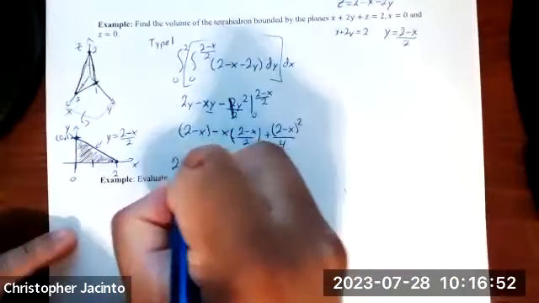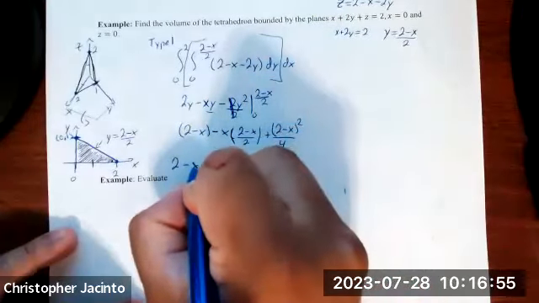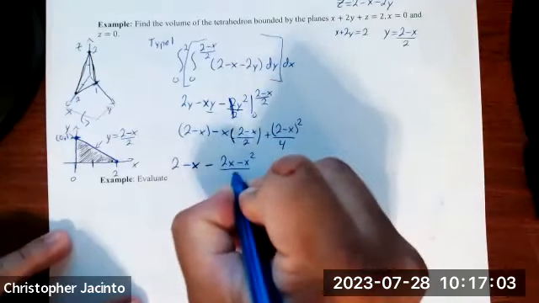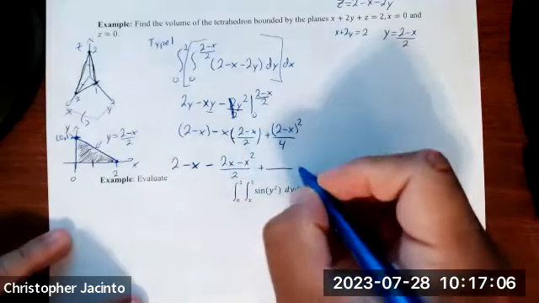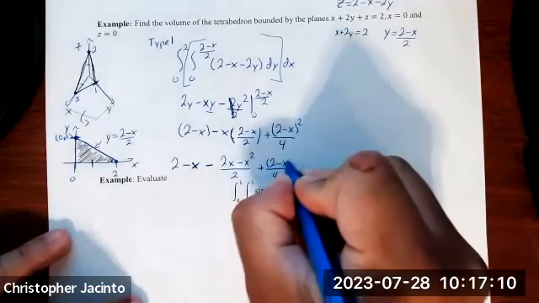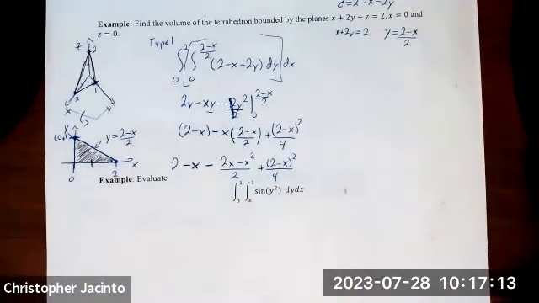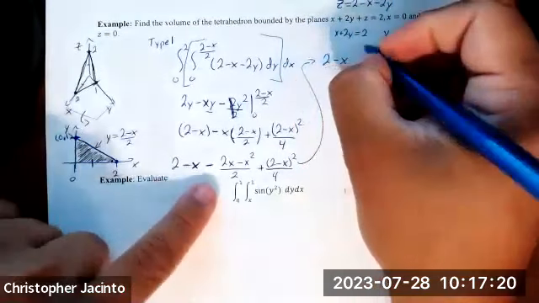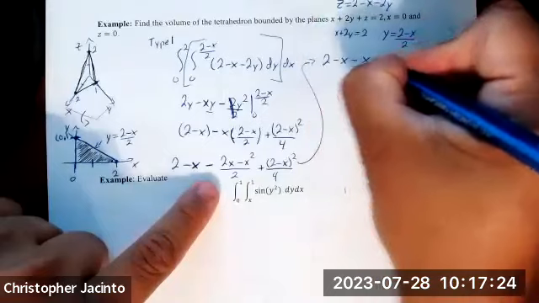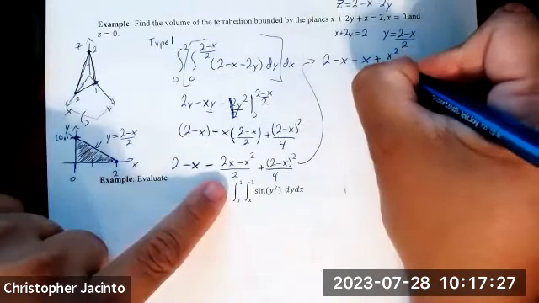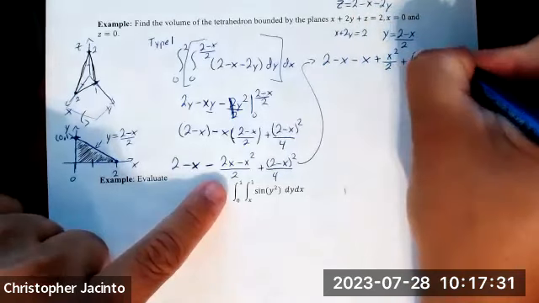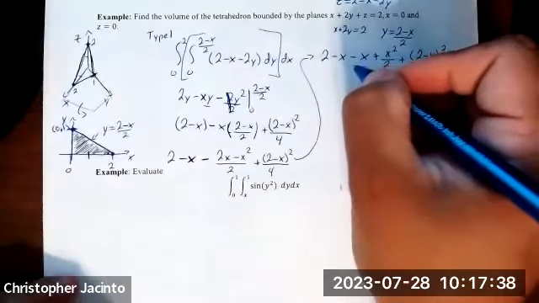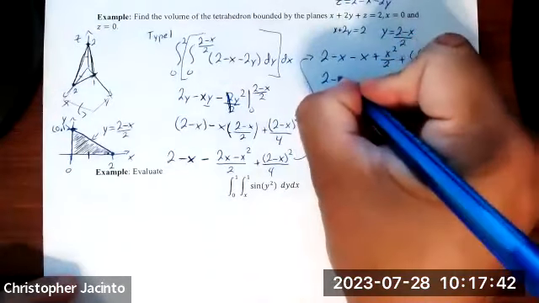Simplify this a little bit more. Putting these together, finally we can simplify a little bit more. So it'll be 2 minus 2x.